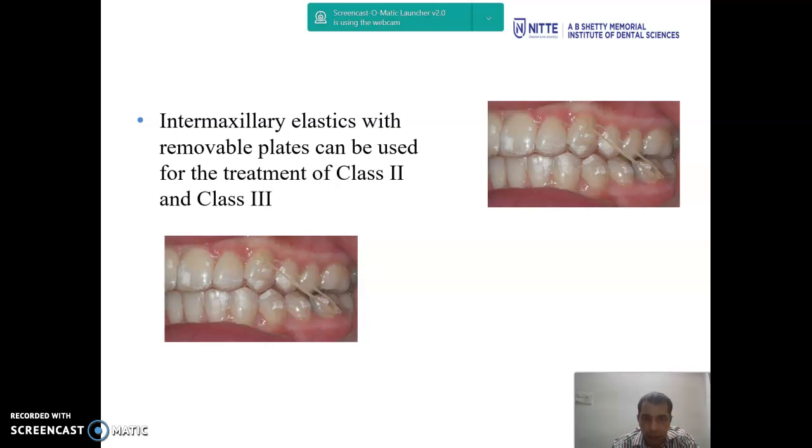Intermaxillary elastics with removable plates can be used for the treatment of class 2 and class 3 malocclusions. Now we see the aligners which cause movements of teeth. They are removable appliances and through various attachments they can be used for movements in a class 2 or a class 3 malocclusion.